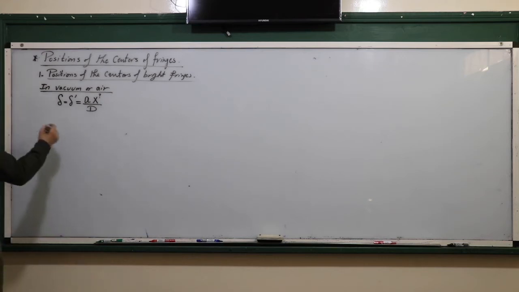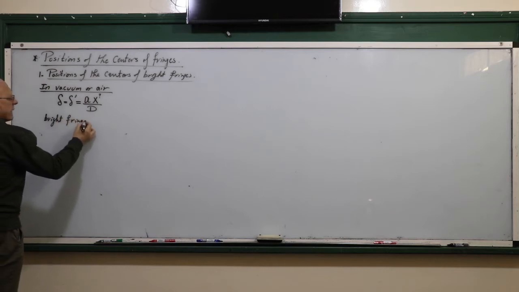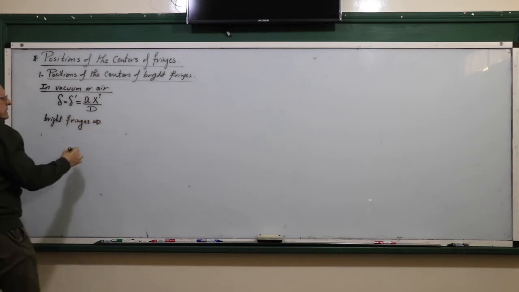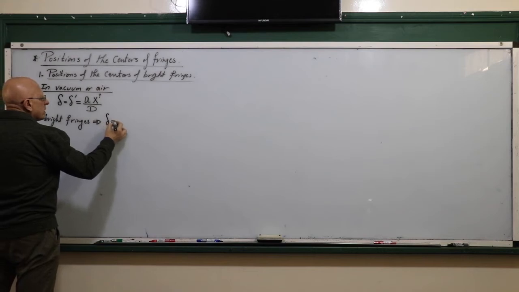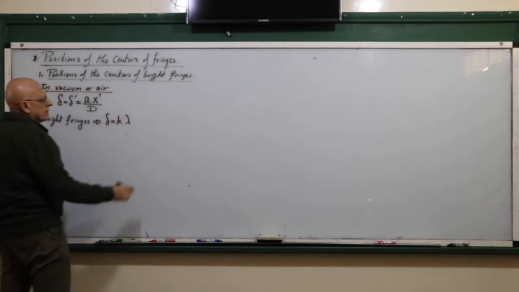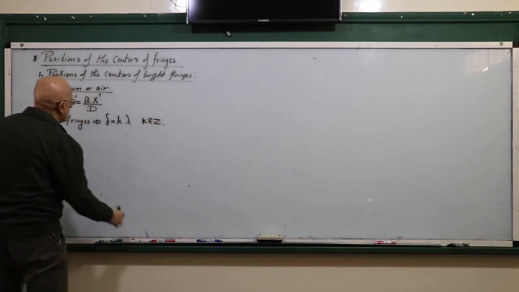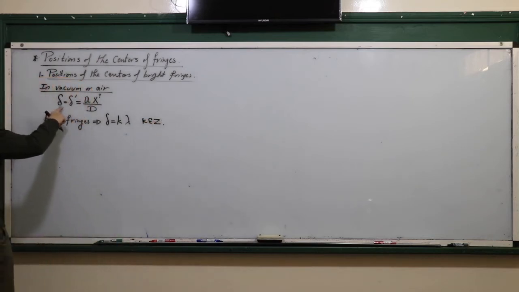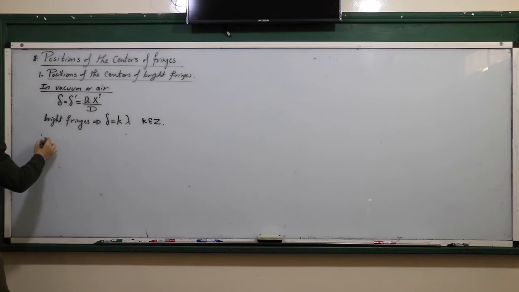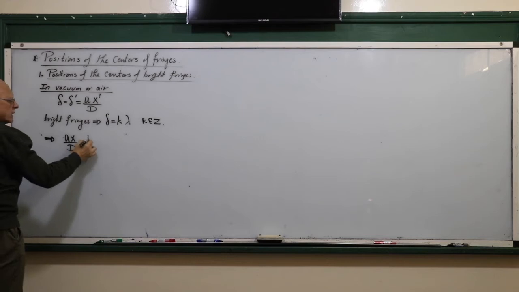If you have bright fringes, this implies delta must be a whole number of lambda, where k belongs to Z. Now, delta equal delta gives me AX over D equal k lambda.